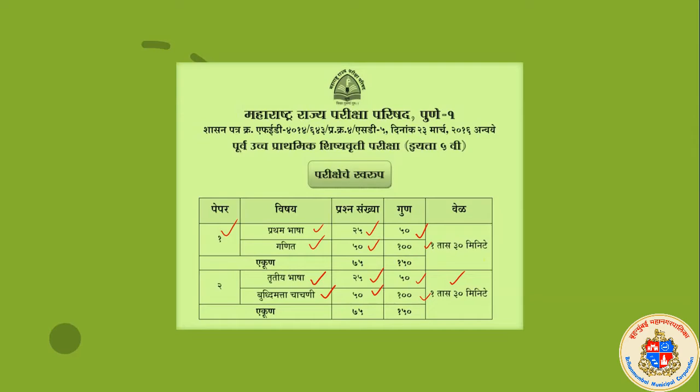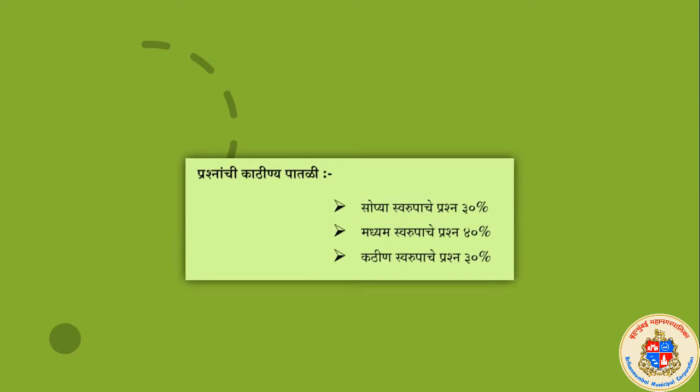As far as I am concerned, I have to deal with the intelligence part of your part 2 paper. Every question paper, whether it is maths, intelligence, Marathi language, or English language, will have easy questions at almost 30%, and medium average questions at 40%.